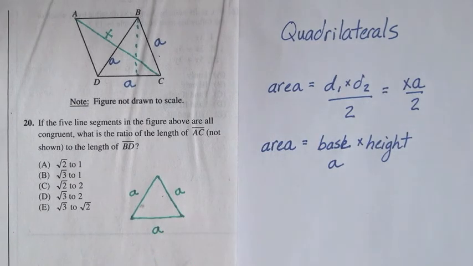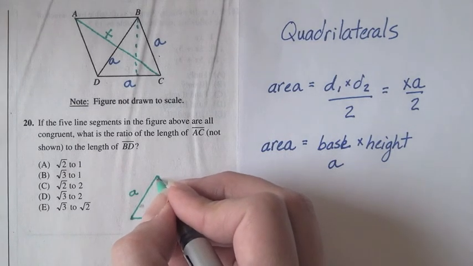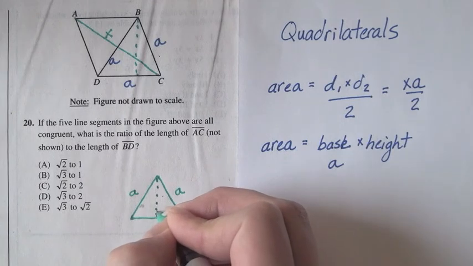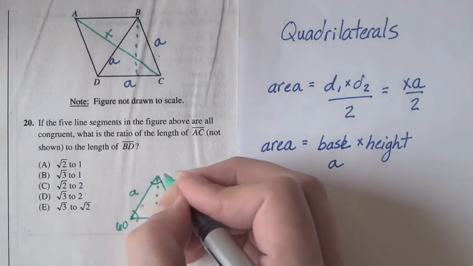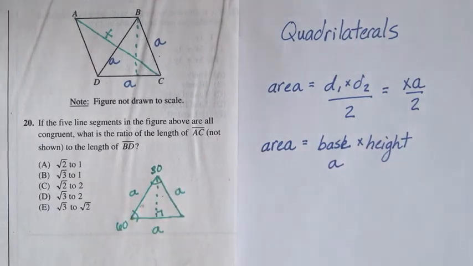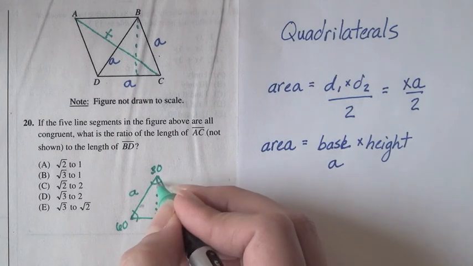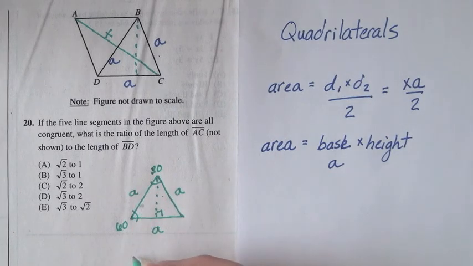In order to find the height of an equilateral triangle, remember, you just drop down the altitude, and now you have a 30, 60, 90 right triangle. So, based on what we know about 30, 60, 90 right triangles, this altitude here is whatever the value of A is, divided by 2, that'll give you this side, and then we multiply it by the square root of 3.